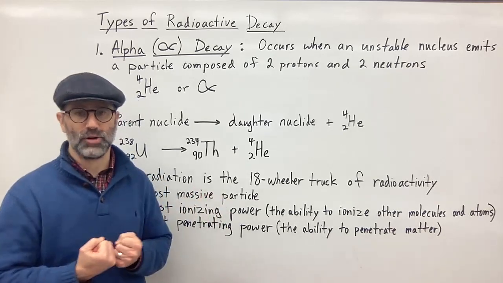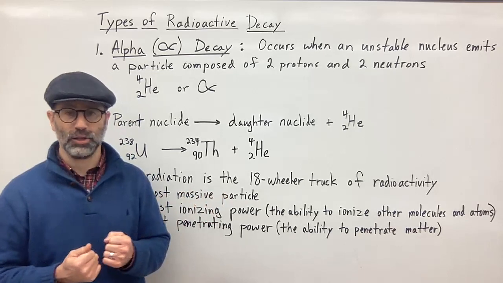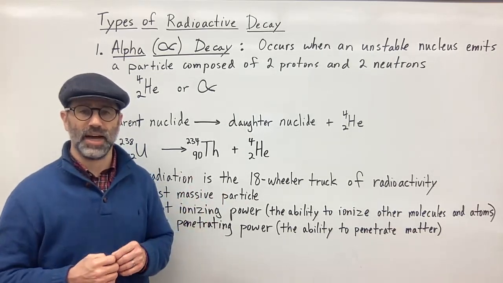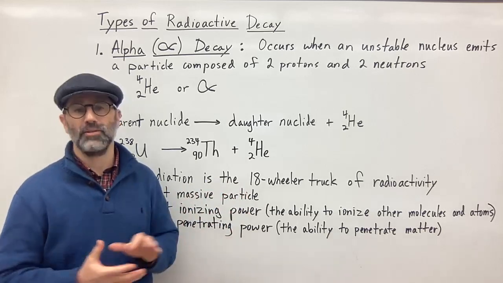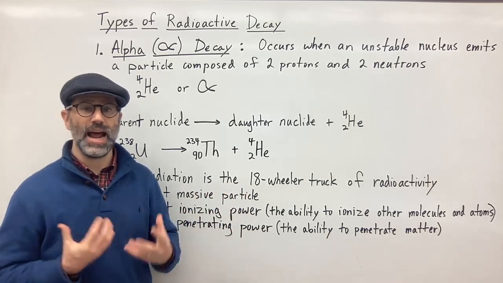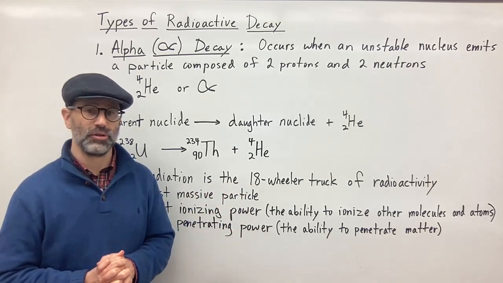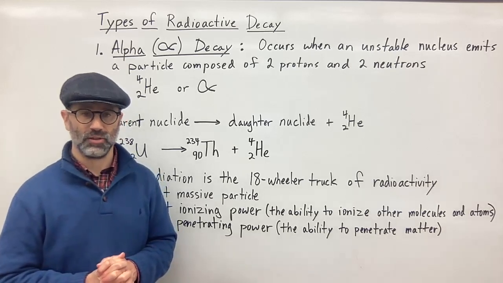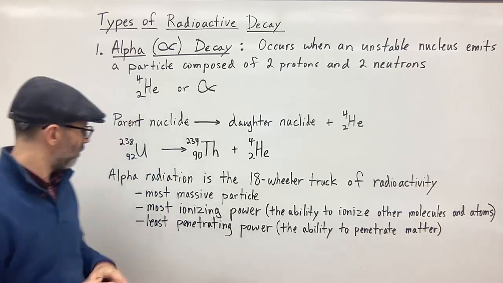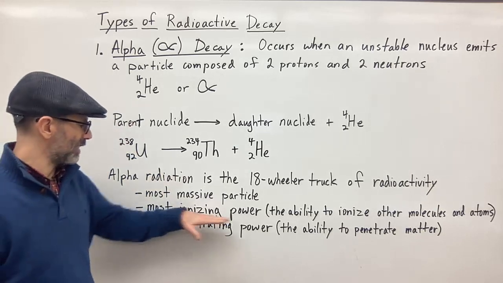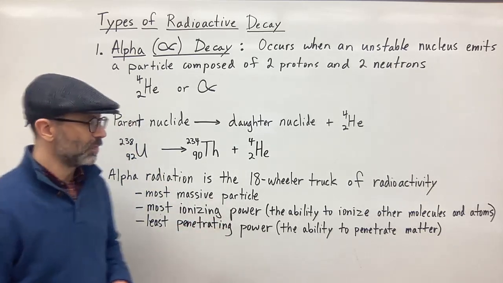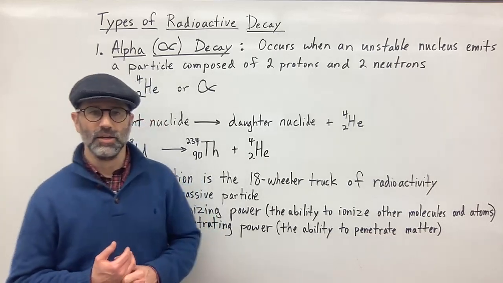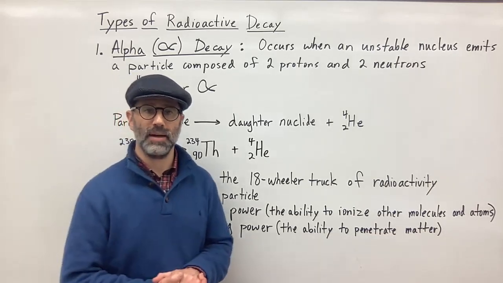It can pull electrons from bonds of molecules and break bonds, and cause other things to become ionized and become ions, and so that can wreak havoc, especially if it's occurring in living tissue. So it has the most ionizing power, but it also has the least penetrating power. So that's alpha decay. So next is beta decay.